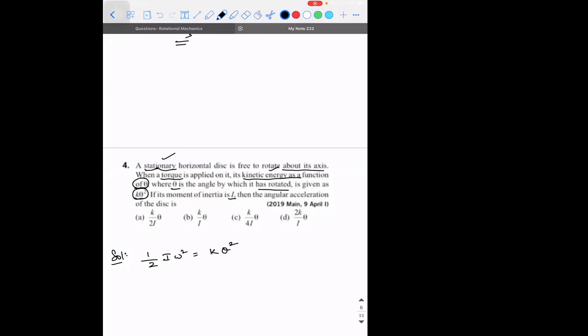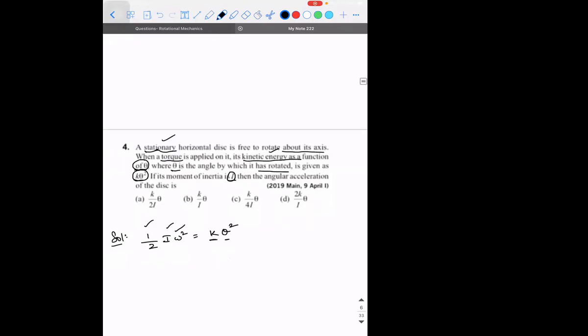Look at the expression that I've written. Half is a constant. I is given in the question. Omega is unknown. K theta square is given in the question. What is expected? Angular acceleration. So we have an expression for angular velocity: omega square is equal to 2k theta square divided by I.